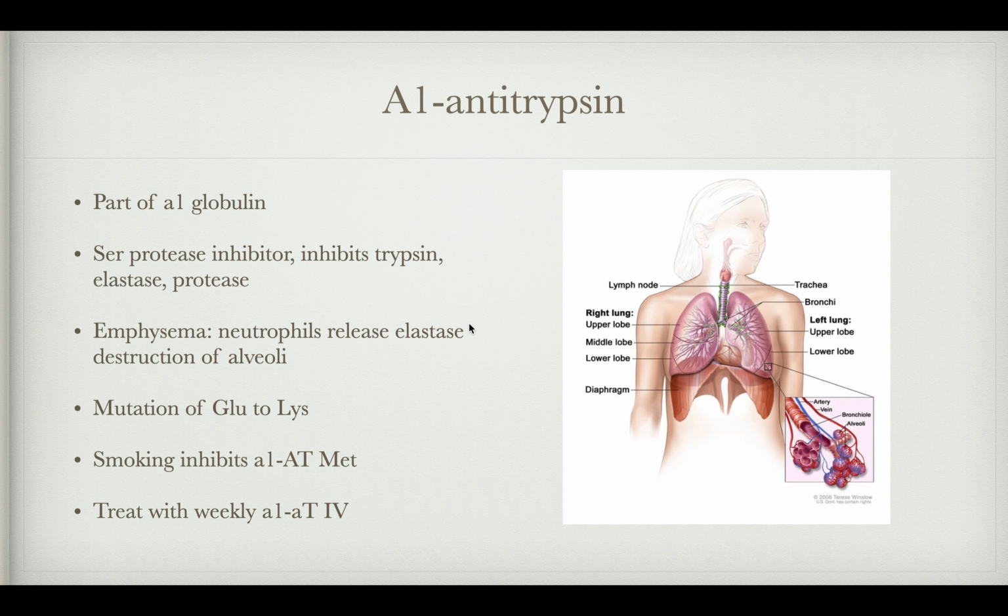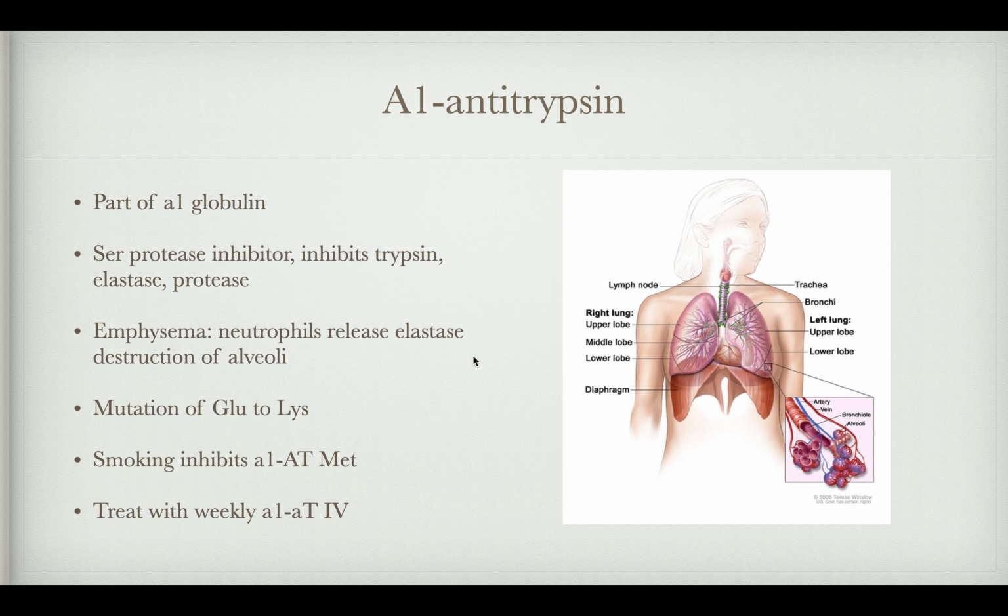Okay, so alpha-1 antitrypsin is part of the alpha-1 globulin. It is a serine protease inhibitor, so it inhibits trypsin along with elastase and protease. And a defect in the genes coding for alpha-1 antitrypsin plays a role in emphysema, because our neutrophils release elastase normally, and to clear out the lungs, this is a normal maintenance to keep our lungs clean.